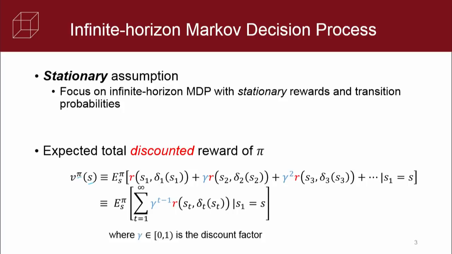This is the reward of choosing delta 1 of the pi at the first stage, and this is the reward of choosing the action delta 2 according to the pi at the second stage, and so on.